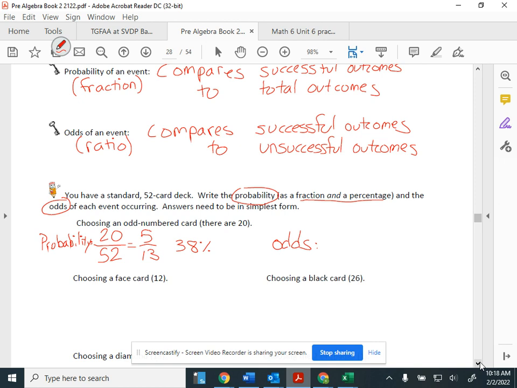What would my successful? So there's 20 odds. So that would be my successful. We have 20 cards that we could choose from. How many would be unsuccessful? If there's 52 cards in my deck. Oh, sorry. 32. 32.